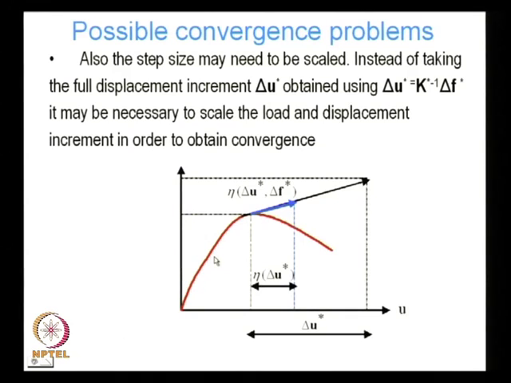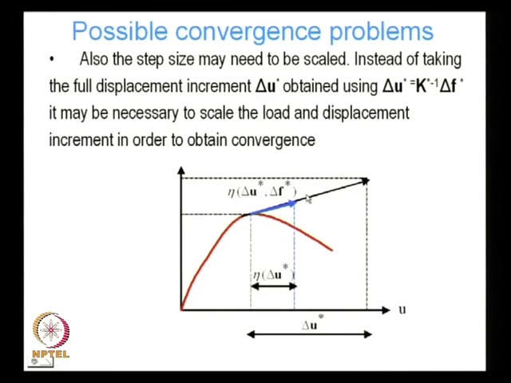For instance, we typically have softening behavior, meaning that even though the displacement increases, the load actually decreases. In a situation like this, if we reach a limit point like this, and then calculate the tangent here, that is pointing in this direction.